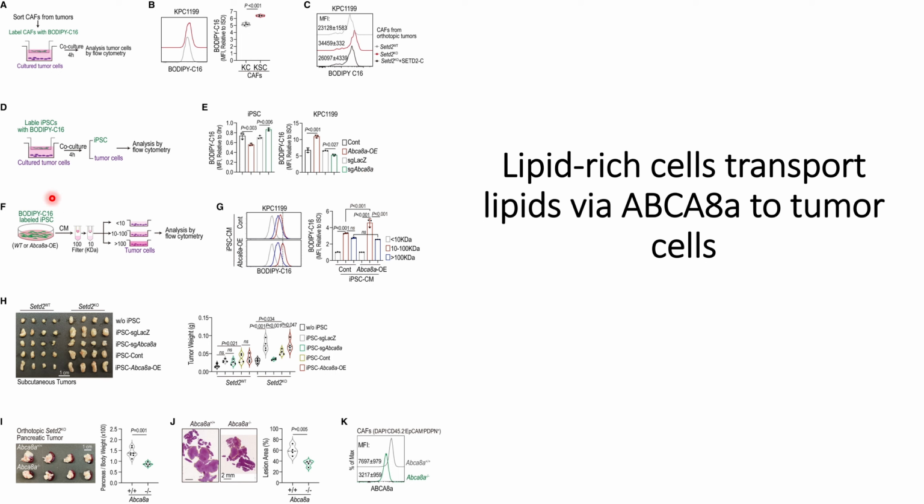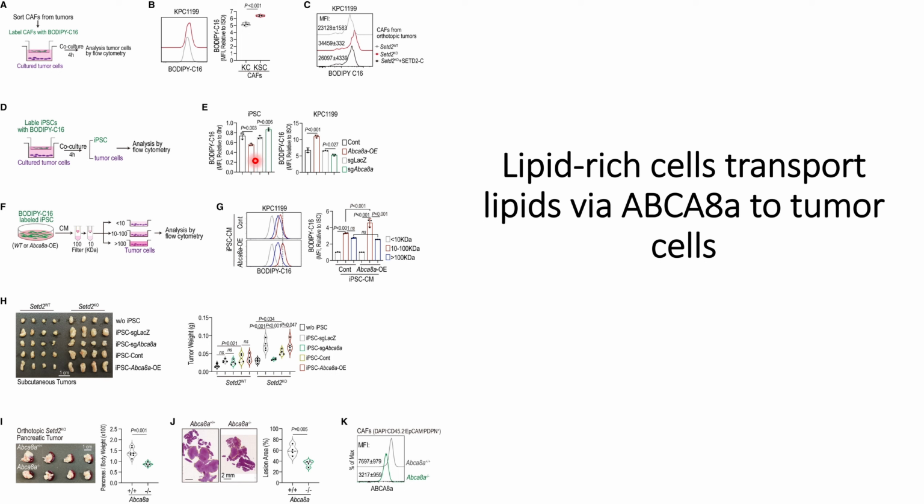To validate that, they used iPSC cells with the BODIPY C16 signal and cultured them with the tumor cells. After 4 hours, they checked the iPSC and the tumor cells by flow cytometry analysis, and found that the BODIPY C16 signal is transferred from iPSC to the KPC1199 or the tumor cells.